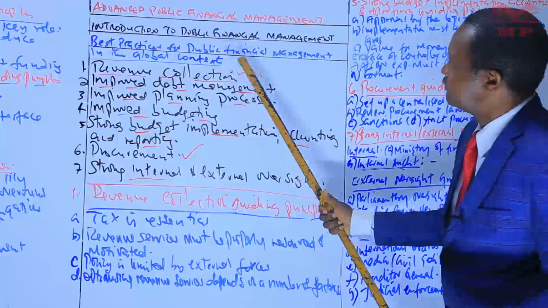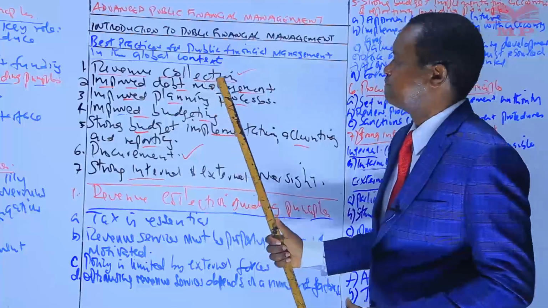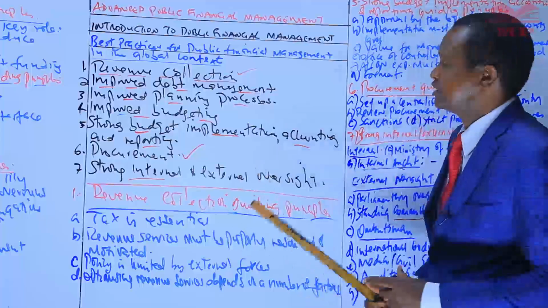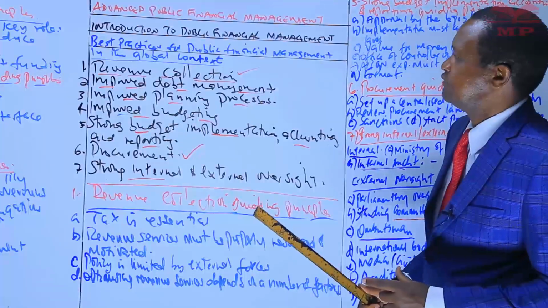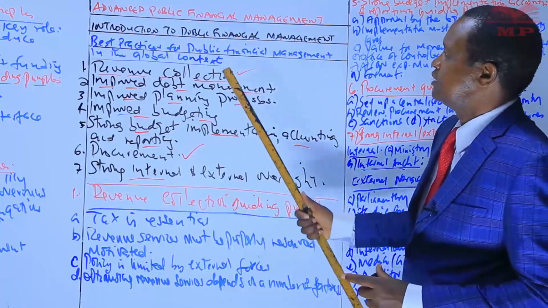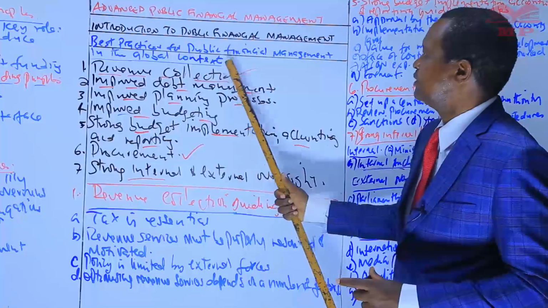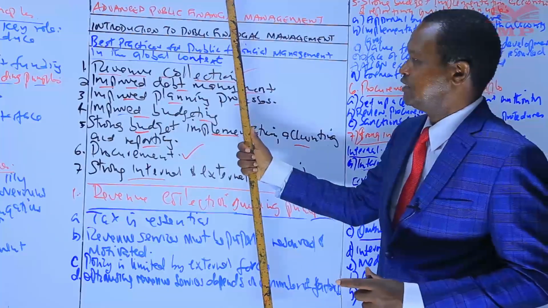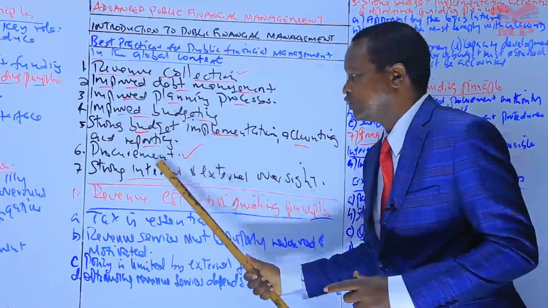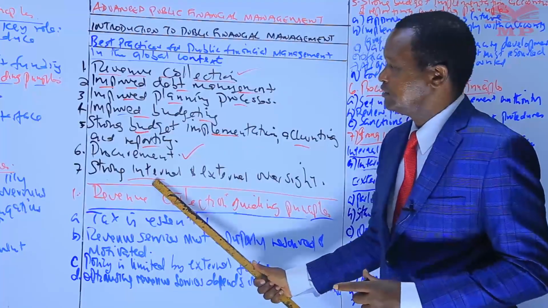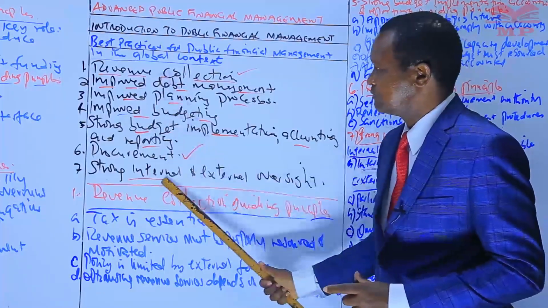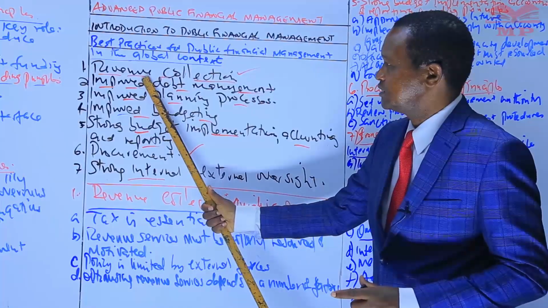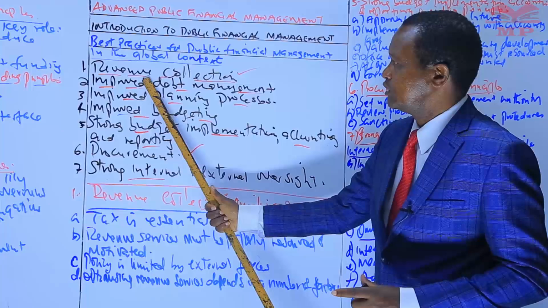Now, in public financial management, the World Bank, which is a respected body, developed the best practices for public financial management, and they are categorized into 7. These are broad categories. 1, we have guidelines on revenue collection.